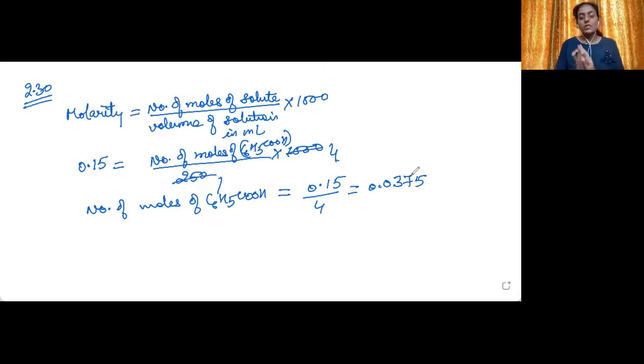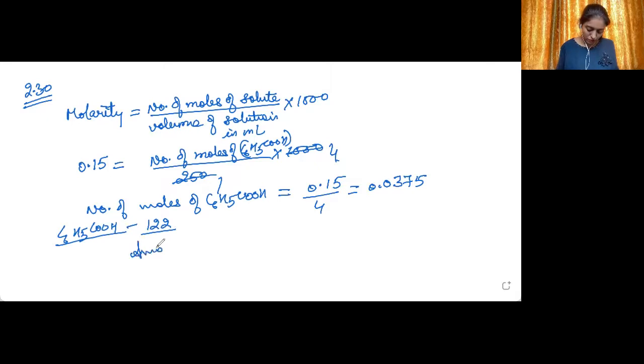The amount is always given in grams. For that, first of all, we need to know the molar mass of benzoic acid, C6H5COOH. You can just find out the molar mass. It is 122. This is also a common solute, so you need to keep in mind that it is 122 when we are talking about benzoic acid.